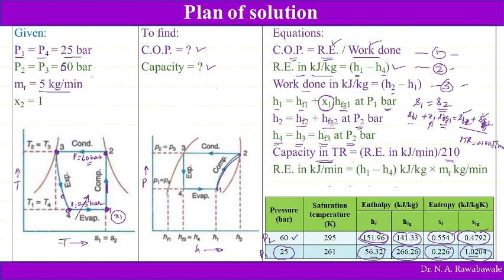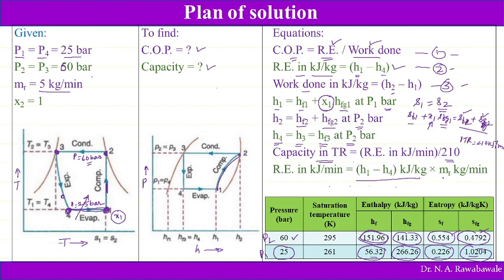Then it is converted into tons. To find the refrigerating effect in kilojoules per minute, first we have to find the refrigerating effect in kilojoules per kg, which is produced between 4 and 1. Therefore, the refrigerating effect produced between 4 and 1 is H1 minus H4 in kilojoules per kg.